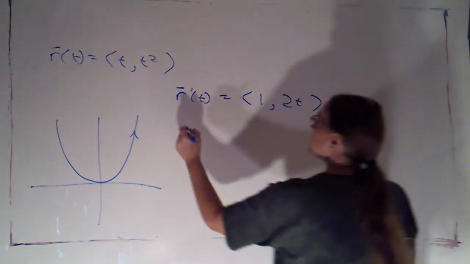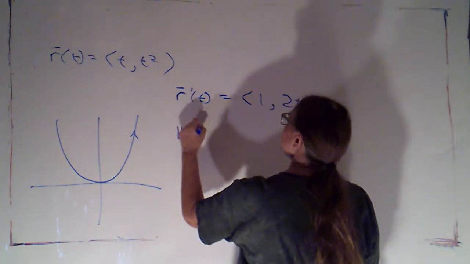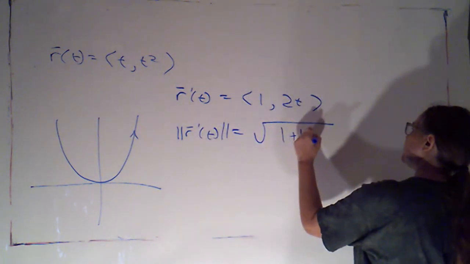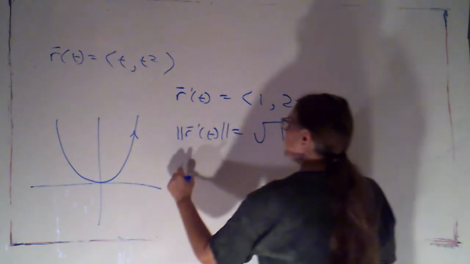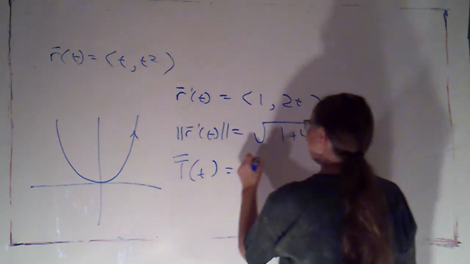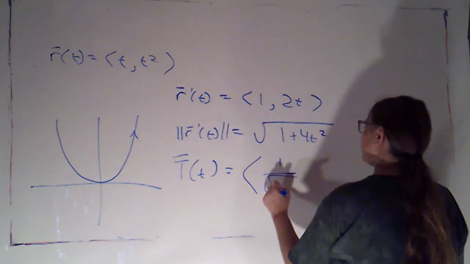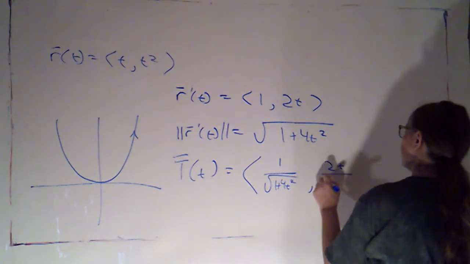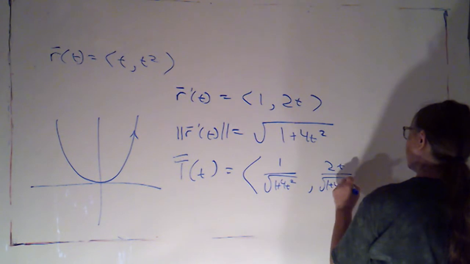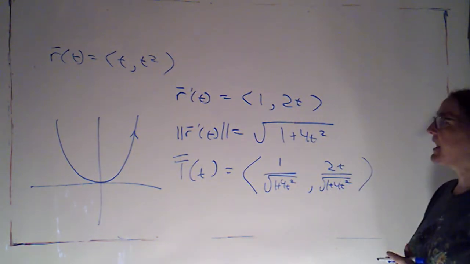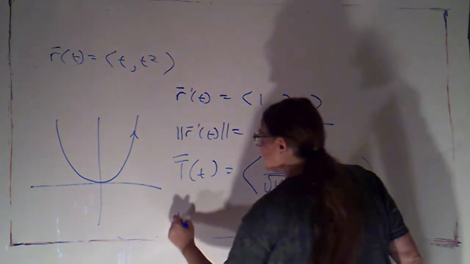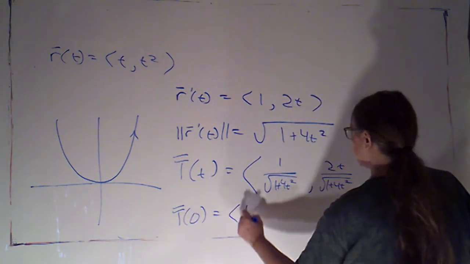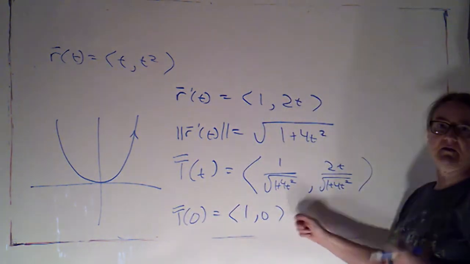So the magnitude of r'(t) is the square root of 1 plus 4t squared. So T(t) is (1 over root 1 plus 4t squared, comma 2t over root 1 plus 4t squared). Okay. Now, T(0) is just going to be (1, 0).